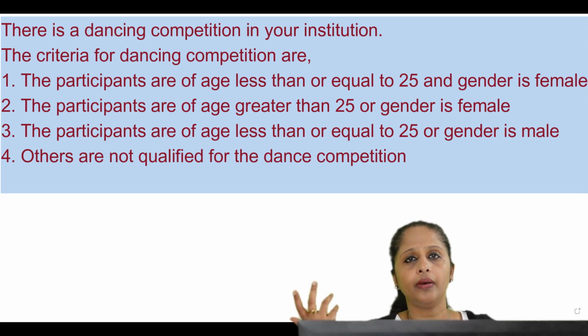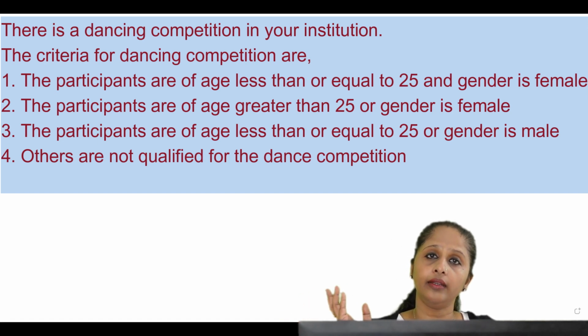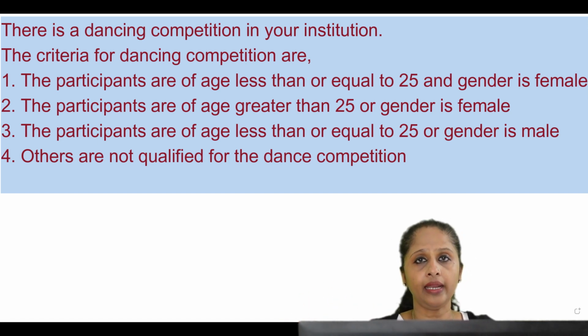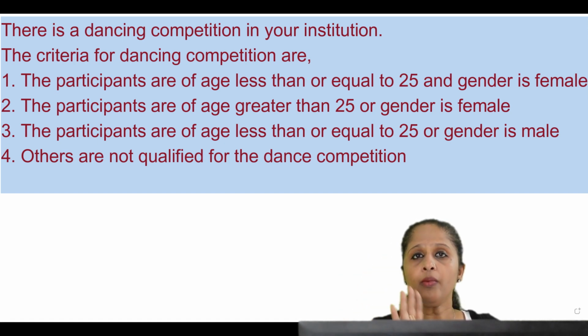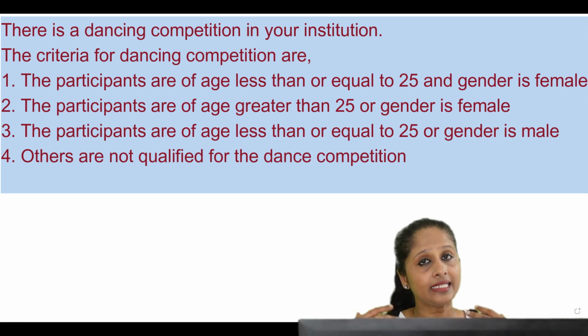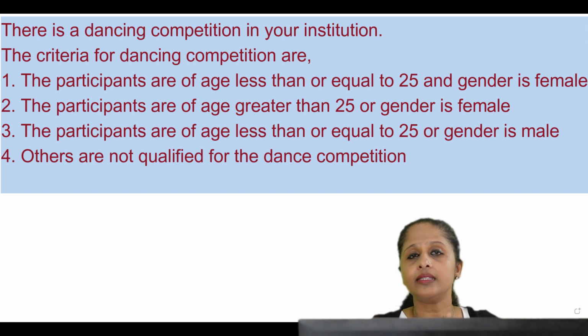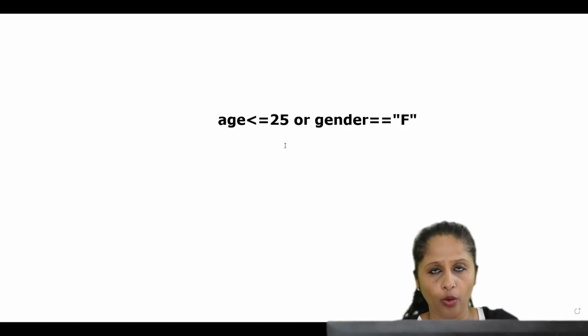If the person is greater than 25 years old and the gender is female, they can also participate in the dancing competition. One more condition they are giving is that if the person is a male, but his age should be less than 25. So there are three categories they allow for participation in the dancing competition. Let's see how it works with the OR operator.